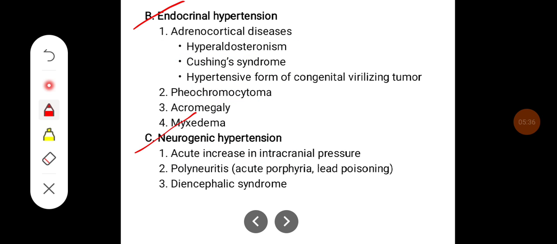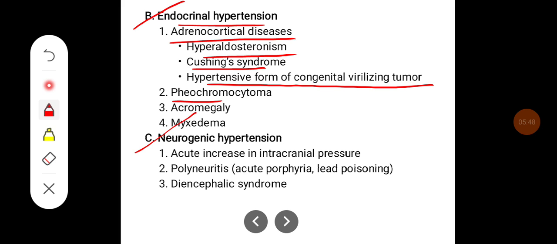Some of the endocrinal reasons for hypertension are adrenocortical diseases like hyperaldosteronism, Cushing's syndrome, hypertensive form of congenital virilizing tumor, pheochromocytoma, acromegaly, and myxedema. Some of the neurogenic causes of hypertension are acute increase in the intracranial pressure, polyneuritis, and diencephalic syndrome.